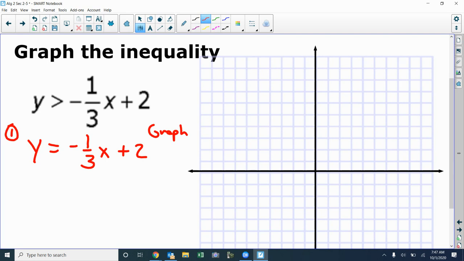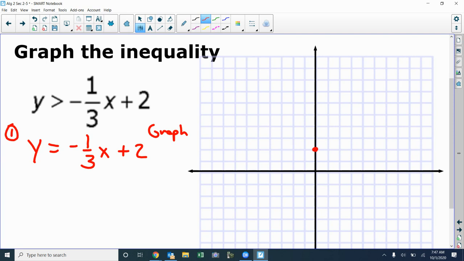And I want to be able to graph it easily. This is already set up in what? mx plus b, isn't it? So it's really ready to be put down. But sometimes it's not. Sometimes you might have to find the intercepts and do a little bit more work to get it going. But this one's already set up. So what's my intercept? It's positive 2.